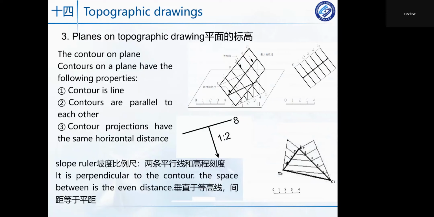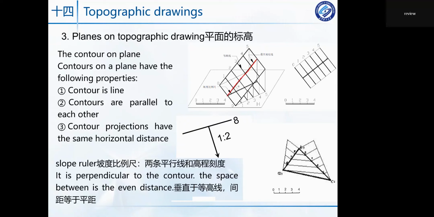Because this is a plane and not a circular plane. Many contour lines are parallel to each other, and the slope of this plane is the slope of the line that is perpendicular to all the contour lines. This one, you can see.